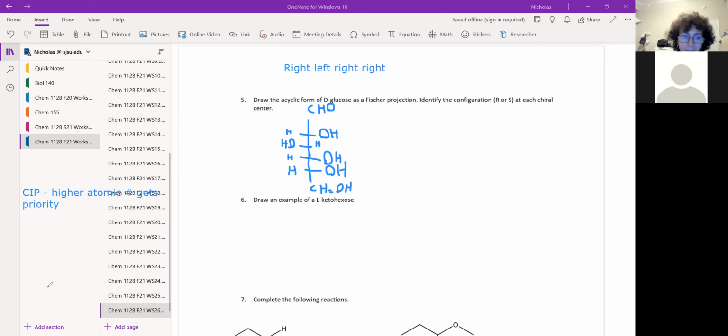But okay, in terms of Fischer projections, I'll just draw a random example, something like this. So the top and bottom ones are always opposite. Maybe, I'm not sure if that's a pattern.